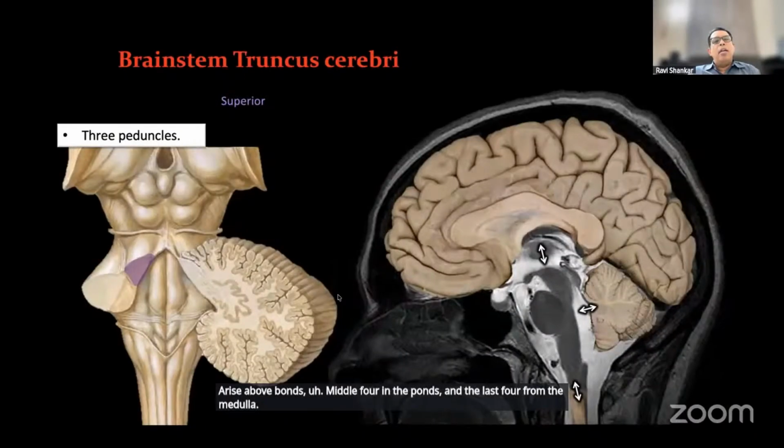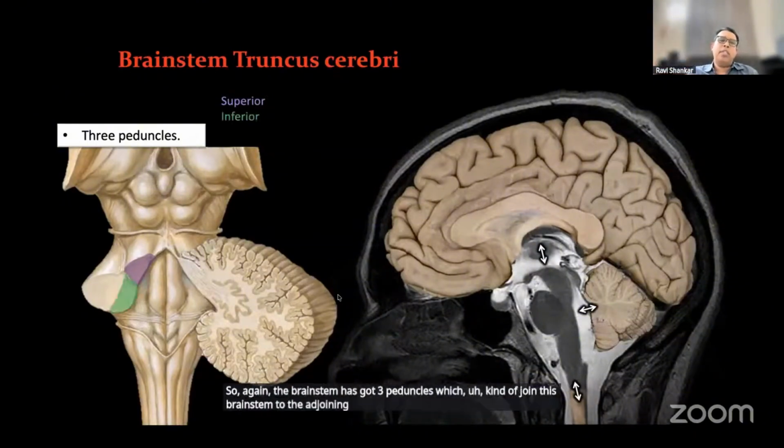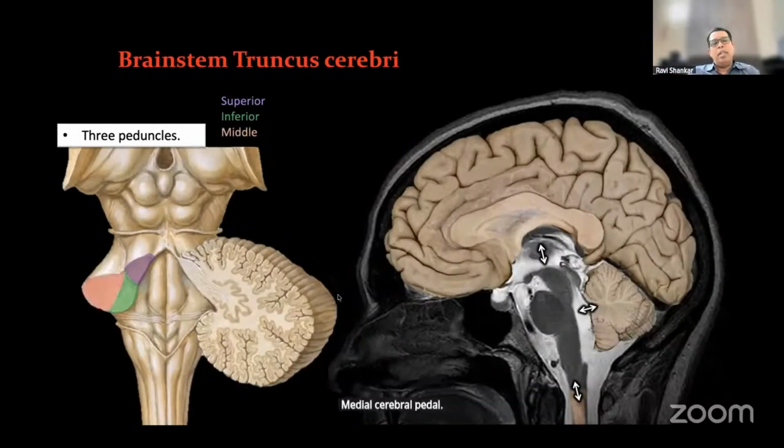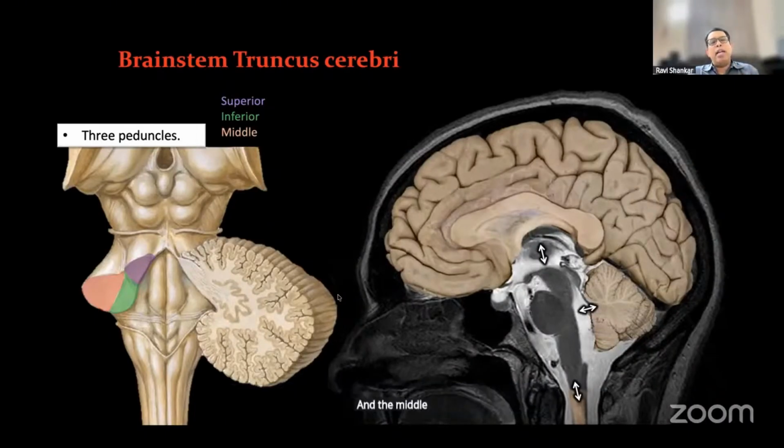The brainstem has 3 peduncles which join it to the adjoining structures: the superior, inferior, and the middle cerebellar peduncle. The superior and inferior are the medial part, and the middle cerebellar peduncle is the lateral.